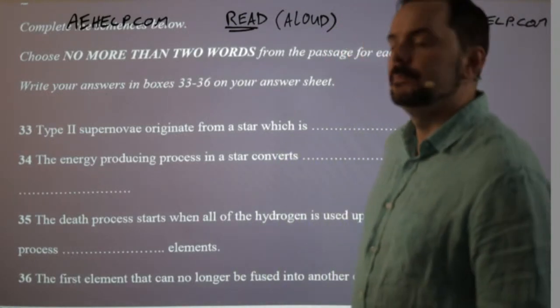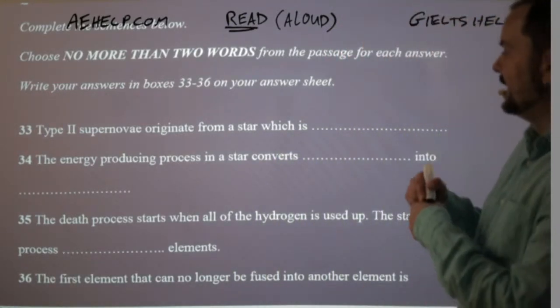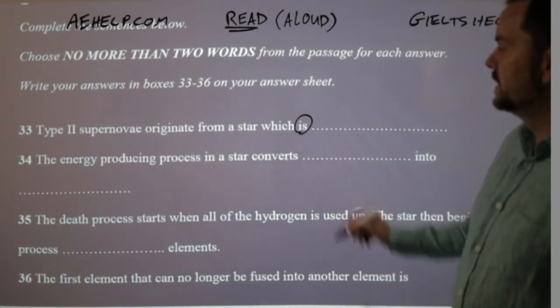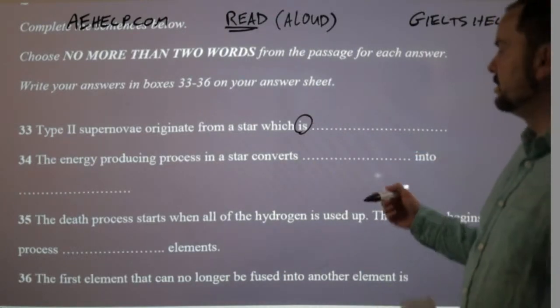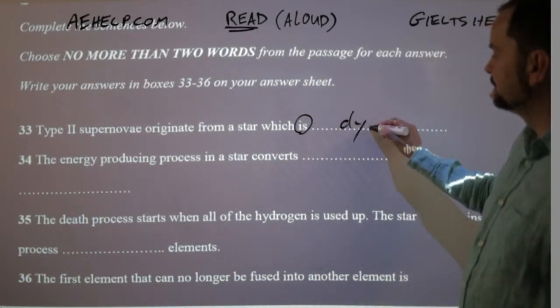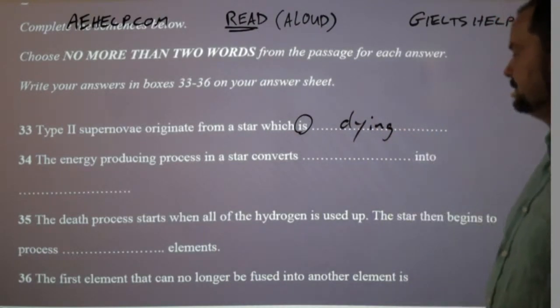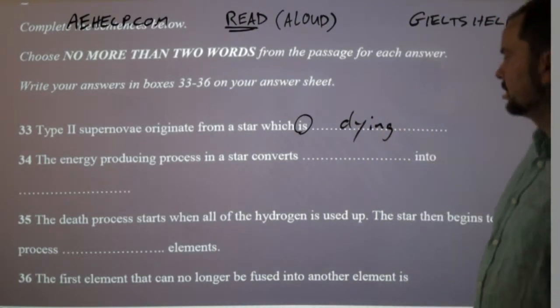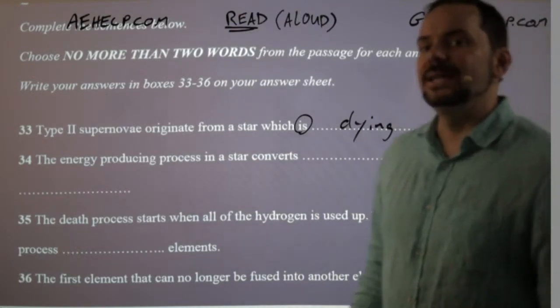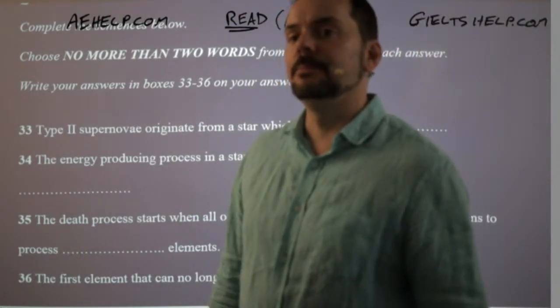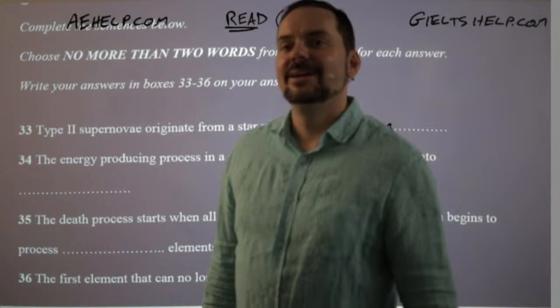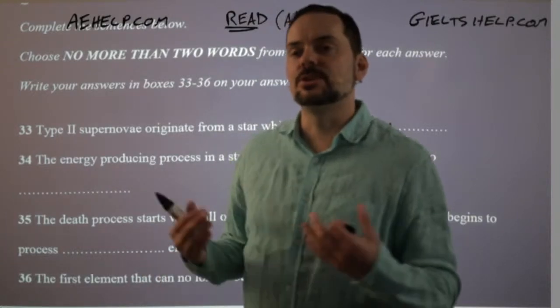Okay. Progressive form, which is dying, because of the is. It's the be verb here, so which is dying. Okay. It's not quite dead yet. So it's a nice try, Kashirsha, but it's not quite dead yet.